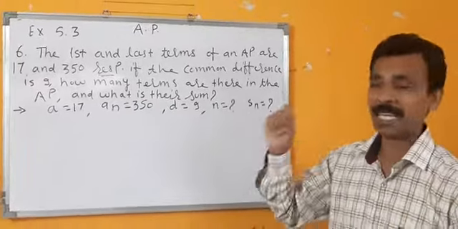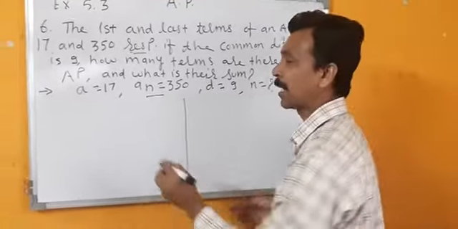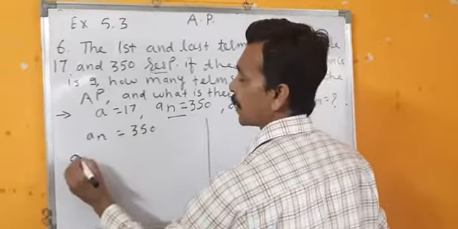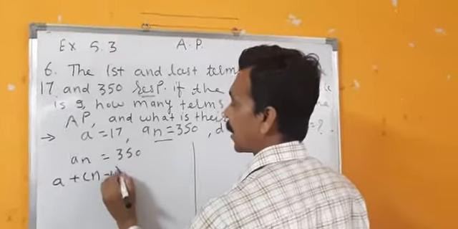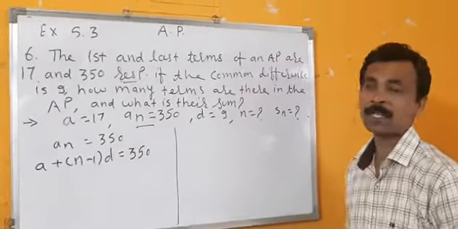Sum means Sn. First I will find N using the formula for An. An is given as 350. A plus N minus 1 into D is equal to 350. Right? That is the formula.